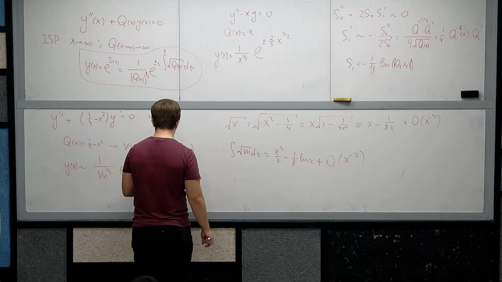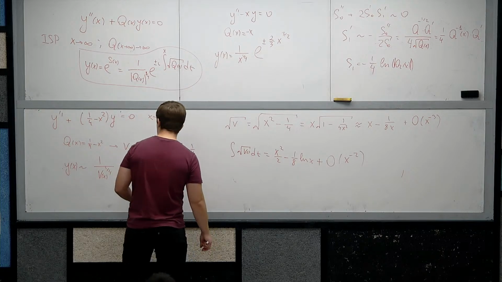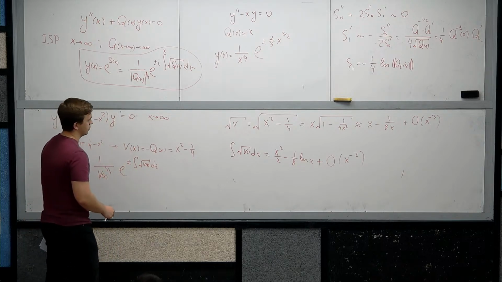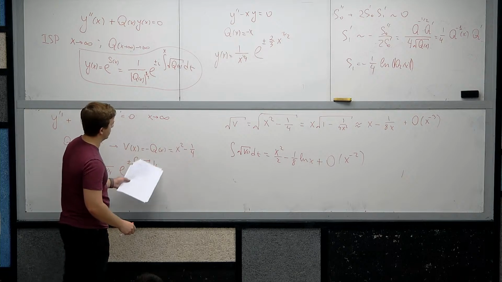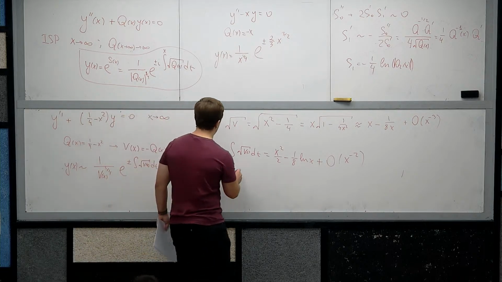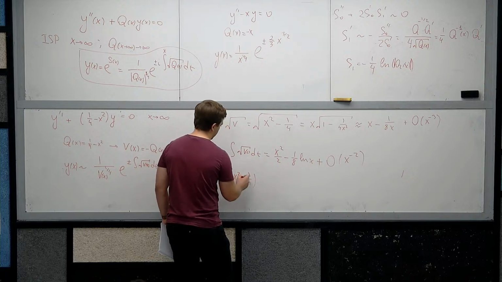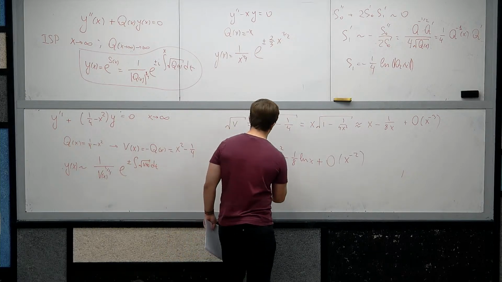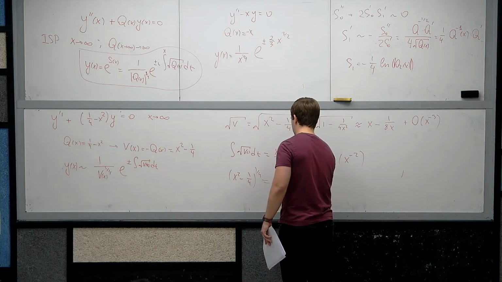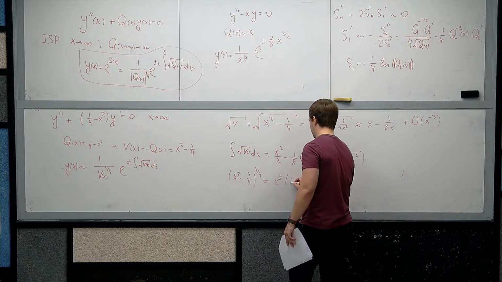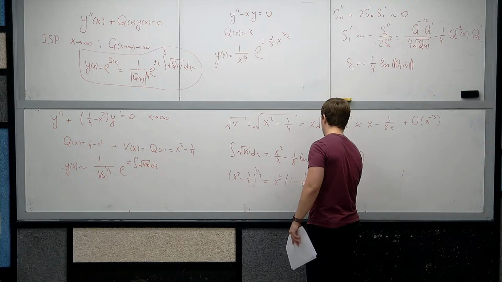But again, because here we have v to the 1/4, we can also expand this, right? Because here is this term. Let's do it. So it's x squared minus 1/4, here is a 1/4, and that's x to the 1/2 times 1 minus 1/(4x squared) to the 1/4.